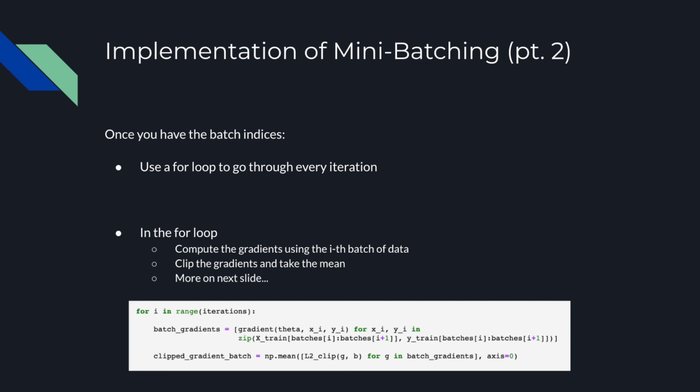Next, I used a for loop to go through every iteration. In the for loop, I computed the gradients using the ith batch of data, as opposed to the whole training dataset. After that, I clipped the gradients and took the mean of the clipped gradients.